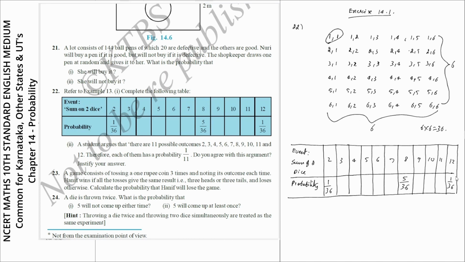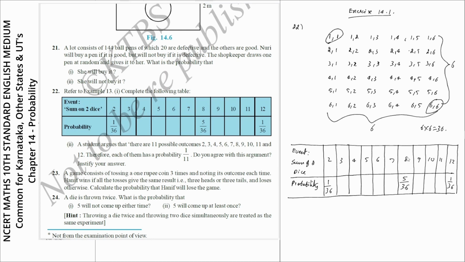Also they have given the probability of getting 12 is 1 by 36. Here you can see 6 comma 6 is the outcome where we get a sum equal to 12. Therefore there is only one outcome, that's why the probability of 12 is 1 by the total number, that is 1 by 36.